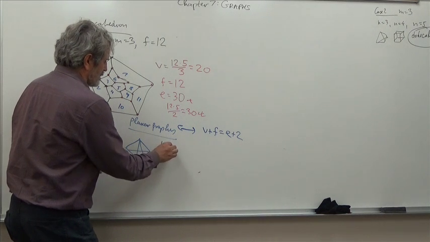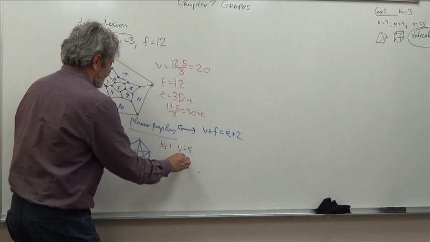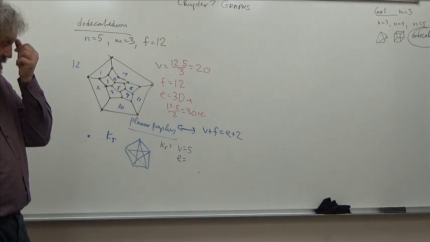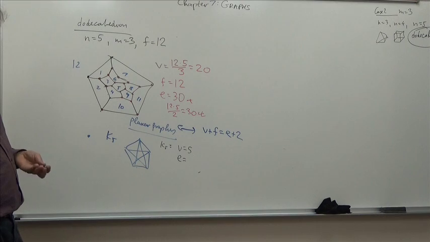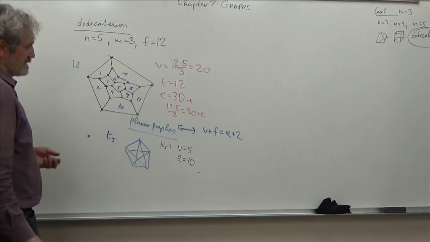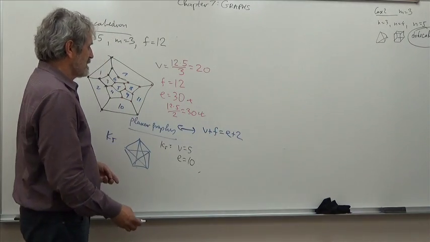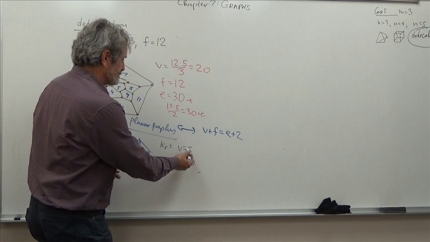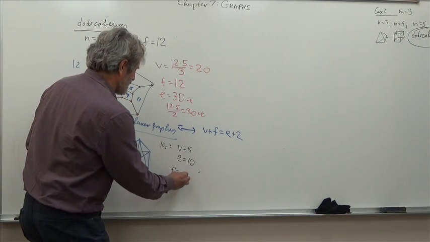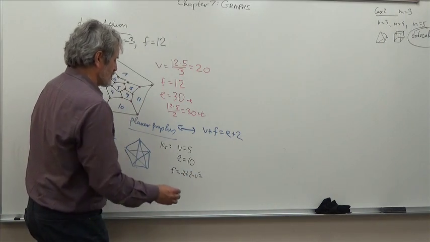The number of vertices is 5. The number of edges is, for every couple there is an edge connecting them, so it's 5 choose 2, which is 10. If it's planar, it must satisfy Euler's formula. So F equals E plus 2 minus V, which would be 7.